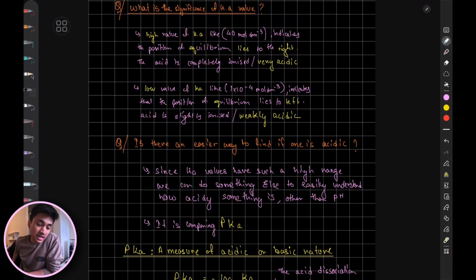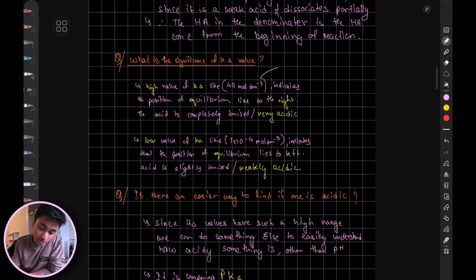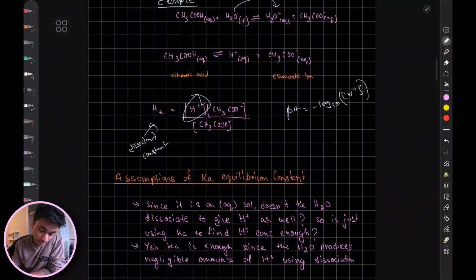Okay, so that means a high value of Ka, for example 40 mole per dm cube, that's too high, but anyways, it indicates that the position of the equilibrium lies to the right. Wait, let me think.